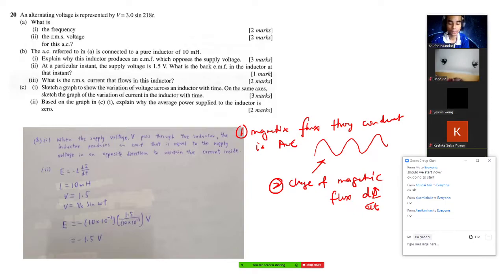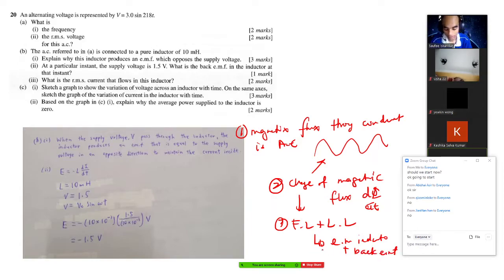Because we have d phi over dt, by Faraday's law and the Lenz law, it will produce electromagnetic induction, plus the back EMF.